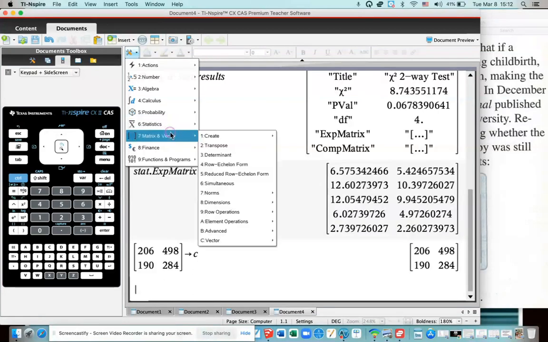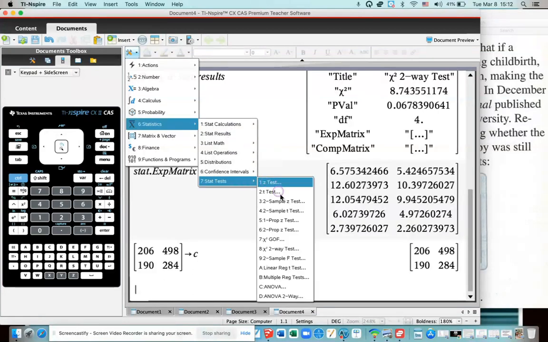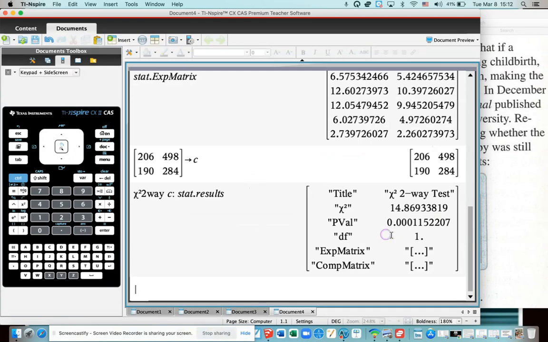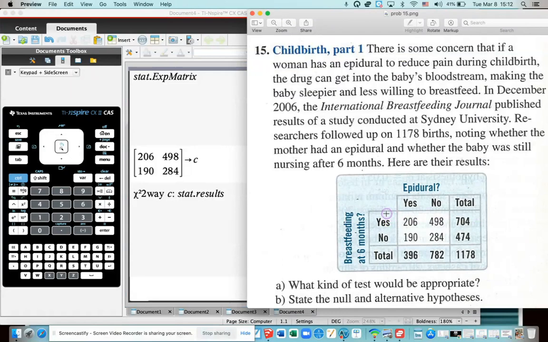You do your two-way test, stat test. This is a two-way test. It's the same test as the homogeneity. I tell it matrix C. I say okay. I get my chi-squared value. I get my p-value. And my degrees of freedom is just 1. Well, where does the degrees of freedom come from? We didn't talk about that. This is a 2 by 2.